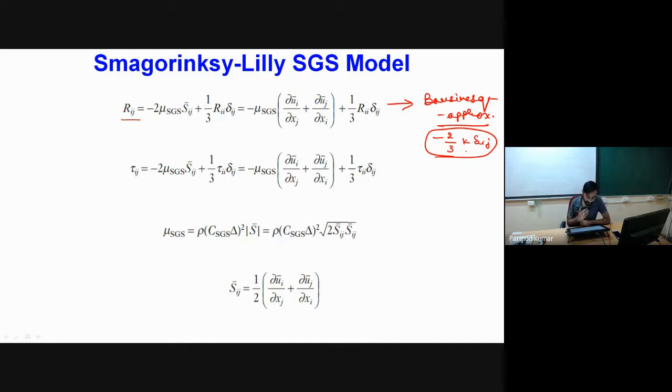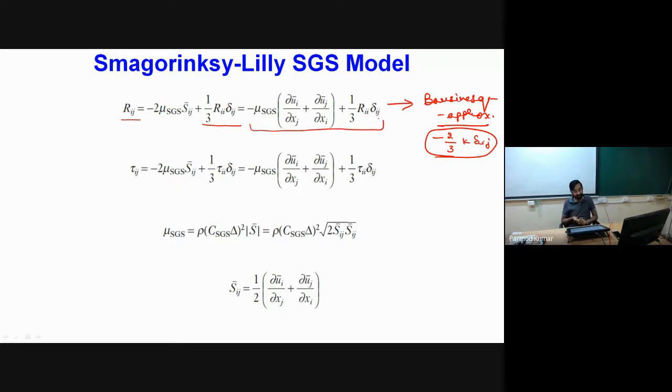Here also a similar term we have, 1 by 3 R_ii into delta ij. This term is for correcting the normal stresses, because when i is not equal to j, in case of shear stresses, this Kronecker delta ij will become 0. Now this S bar ij I can write as del u_i bar by del x_j plus del u_j by del x_i. So this is now the formulation of Reynolds stress.